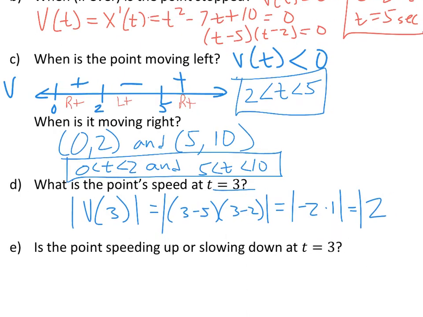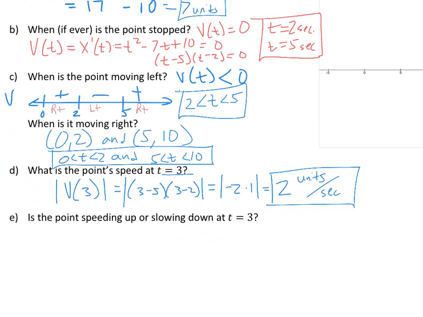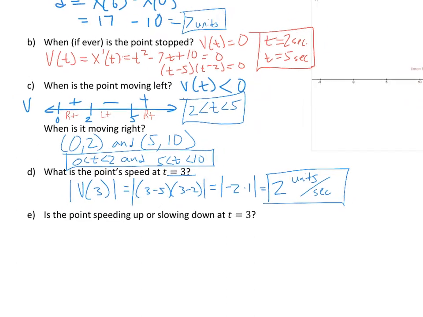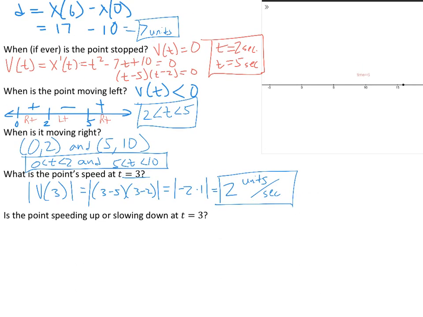So this is 2 units per second. That is our speed. Even though it's moving left, so really the velocity is negative 2, the speed will be positive 2. Then last thing, is it speeding up or slowing down?